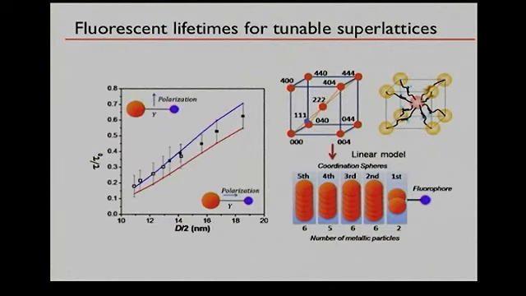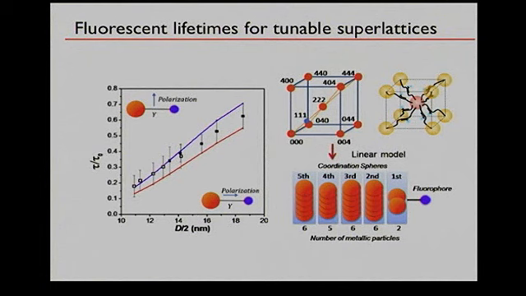I will show you here the summary of those results. This is the distance between this rhodamine and the closest neighbor gold particles, and what is shown here is the relative change of lifetime. You can see that we can vary the distance approximately by a factor of 2, from about 10 to about 19 nanometers, and this results in nearly a 3 times change in the lifetime of rhodamine.